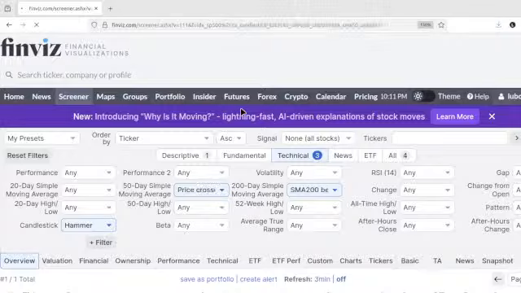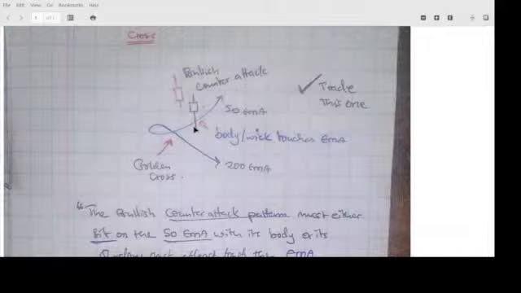Price crossed above. All right, because this is very, very important for you to note, because remember this right here, right? The wick has to touch. So that's what we're saying, price crossed above. So the price should cross above the 50-day moving average, and that's what we have done here.